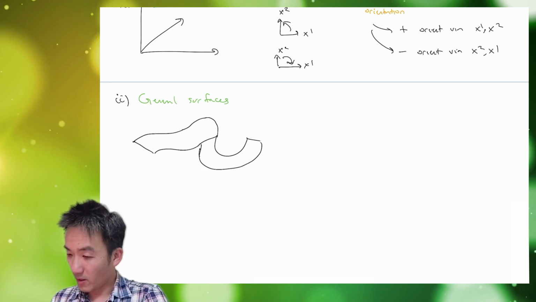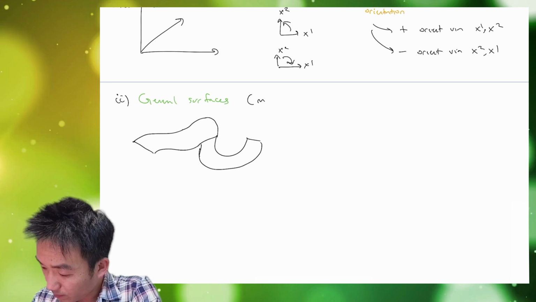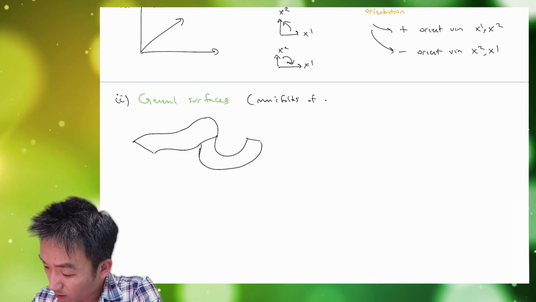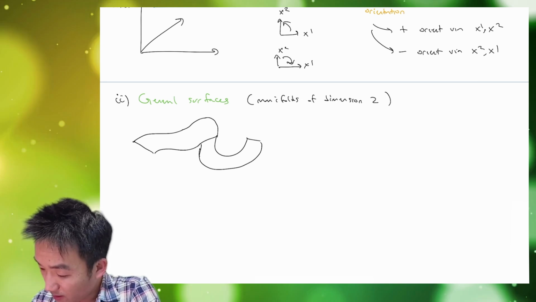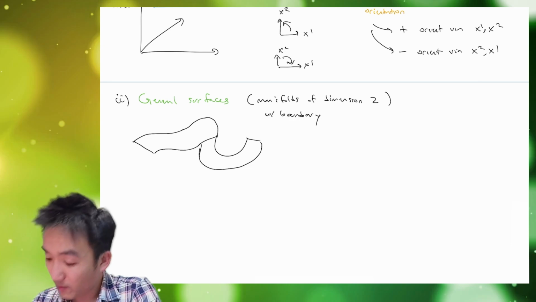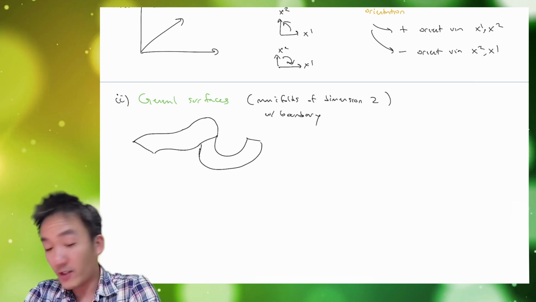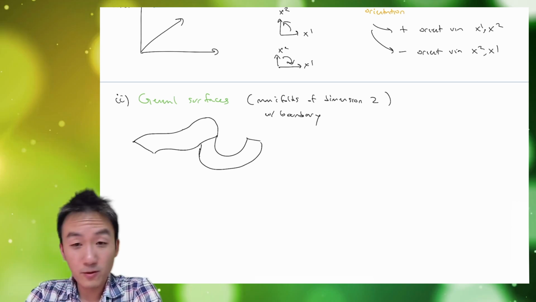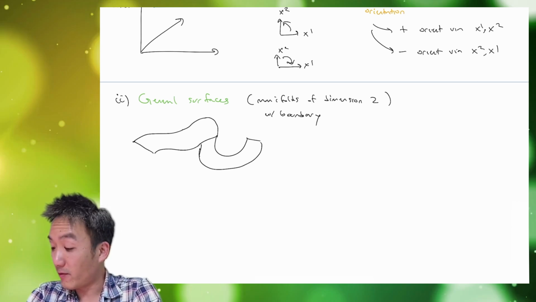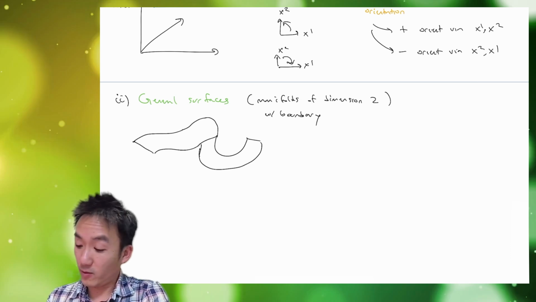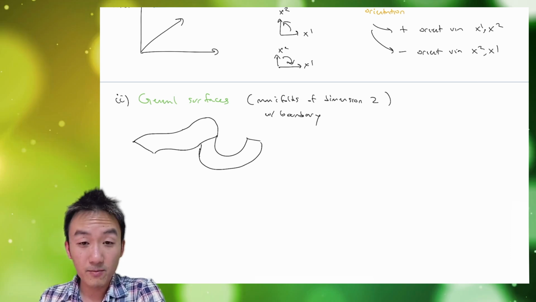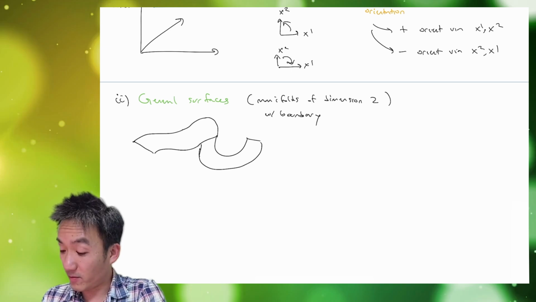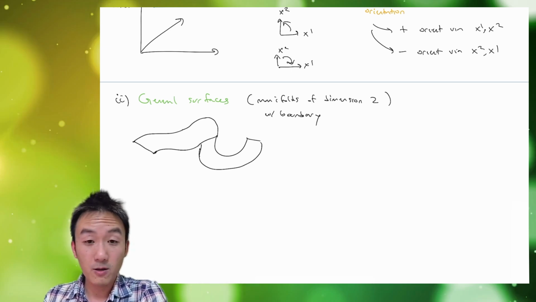By a general surface, I mean manifolds of dimension 2, and then possibly, let's say, manifolds with boundary. That's just a more sophisticated terminology for those who want to go further down that route. But you could just think of a two-dimensional manifold with boundary as roughly what this picture I drew here. It looks locally like a two-dimensional sheet, and it might have some boundary, just because our regions of integration are finite in extent.